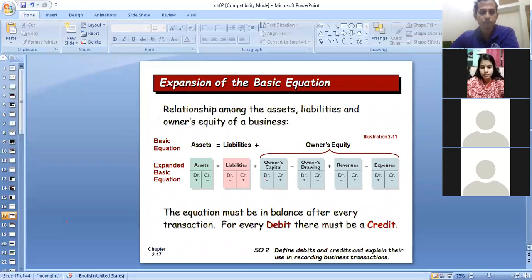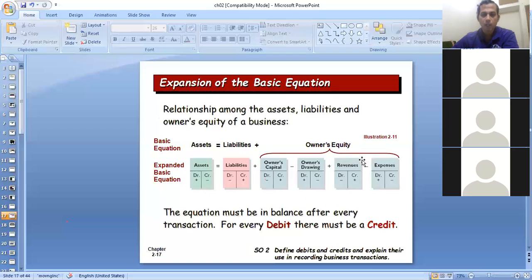So this is the expansion of the basic equation, the relationship among the assets, liabilities, and owner's equity of a business. What is our basic equation? Assets equal liabilities plus owner's equity. In the assets, we have debit side and credit side. In the liabilities, we have debit side and credit side. Owner's equity is divided into parts: owner's capital, owner's drawings, revenues, and expenses.